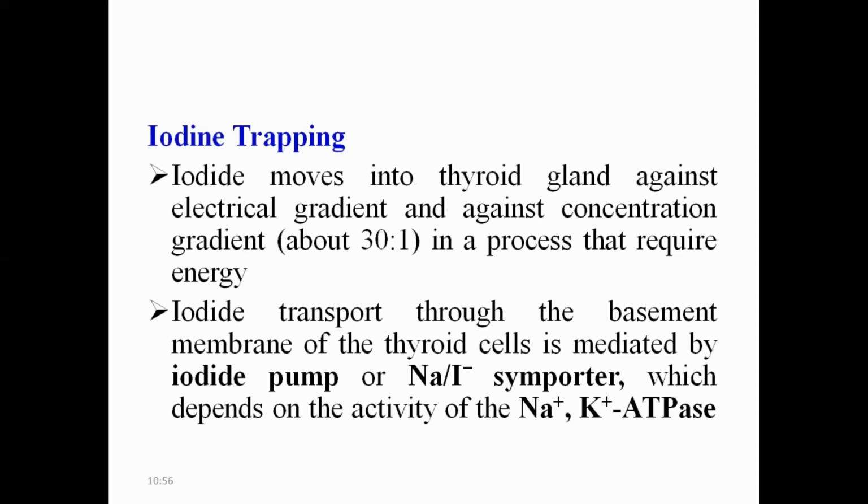The transport of iodine from circulation to the thyroid gland is also called trapping, because it is highly remarkable: the concentration of iodine in the thyroid gland is 30 times higher than in the circulation. Transport from a lower concentration to a higher concentration is a very remarkable process, and it is called iodine trapping.